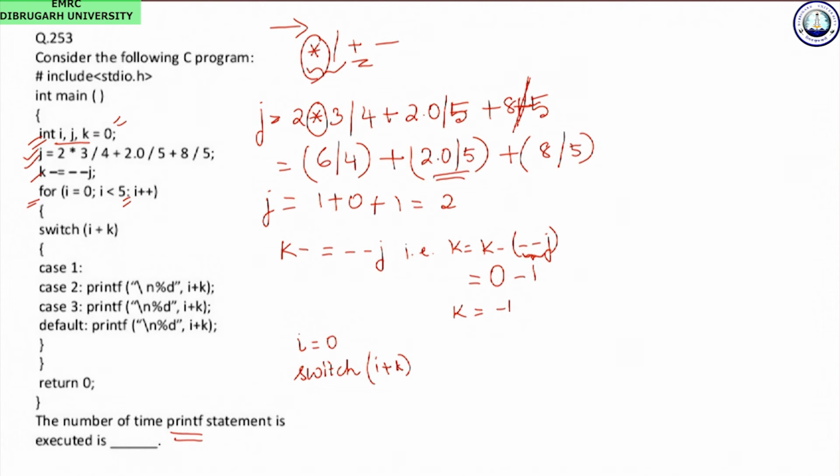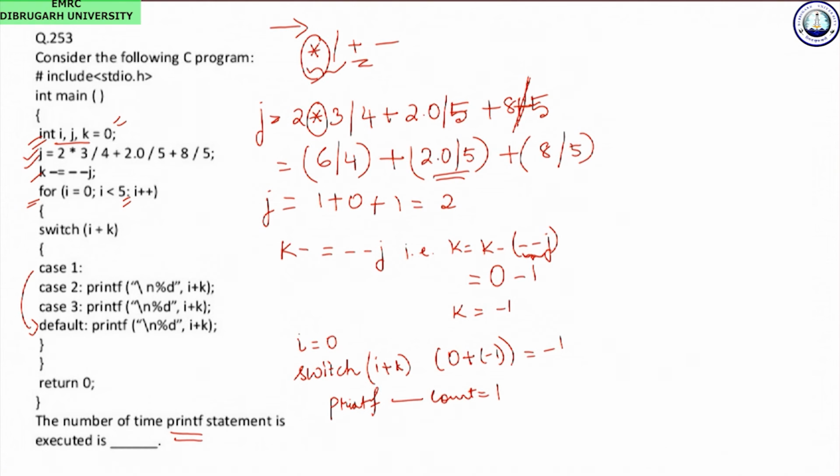What is it? i plus k means 0 plus minus 1, it is minus 1. So when it is minus 1 you will print this one, right? printf is executed once, so count is equal to 1.